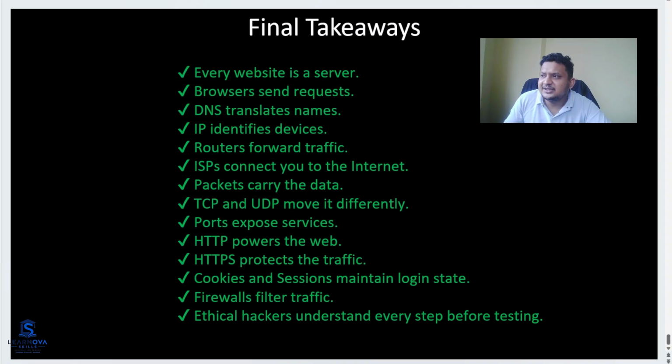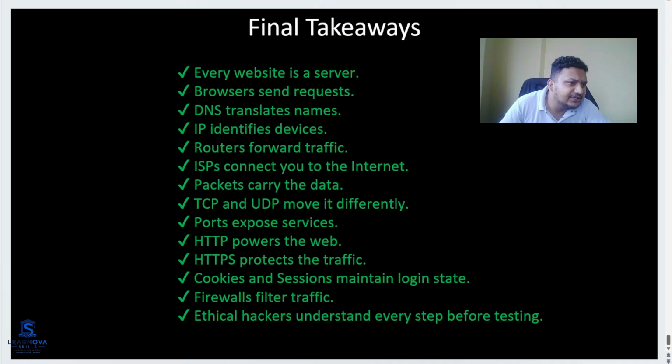So, let's finish by summarizing everything we have learned. Internet is a collection of connected networks. Browser sends requests. DNS translates domain names into IP addresses. IP address identifies network destination. Routers forward traffic. ISPs connect our network to the wider internet. Packets carry data across the network. TCP and UDP provide different approaches to transporting data.